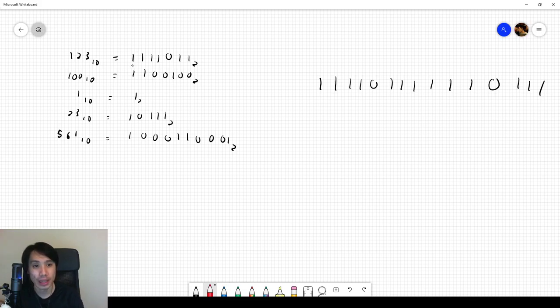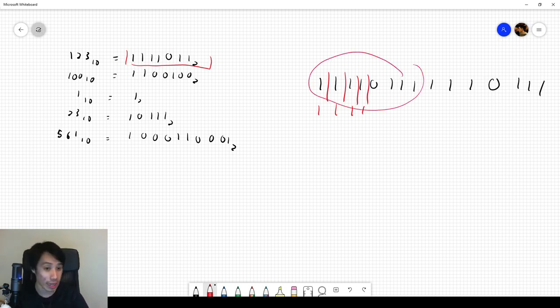Am I supposed to slice it as 1 1 1 1 0 1 1, and I know the number is 123, or am I supposed to slice it as 1 1 1 1? You're going to come across an issue because you do not know where to slice. When everything is 32 bits, you can slice 4 bytes, 4 bytes, 4 bytes, right? But here we are going to suffer the same issue.